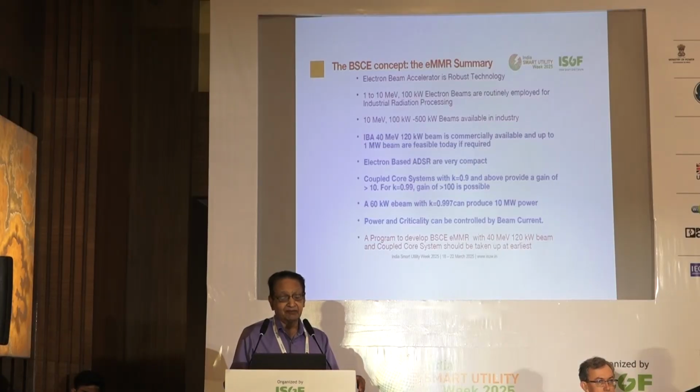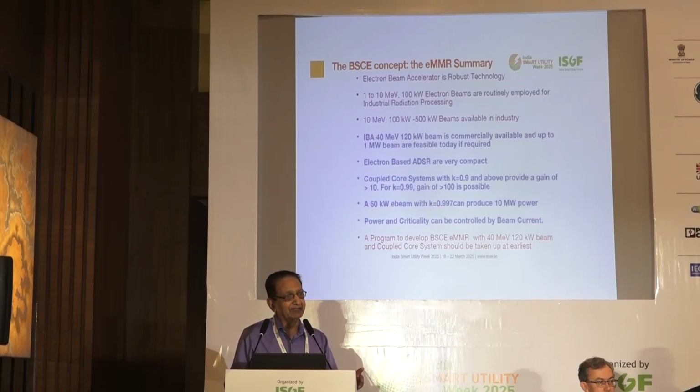An IBA 40 MeV, 120 kilowatt beam can be used for neutron generation and coupling to an SMR core. Electron-based ADSRs are very compact, and in a coupled core system, a gain of 100 is easily possible using electron accelerators.